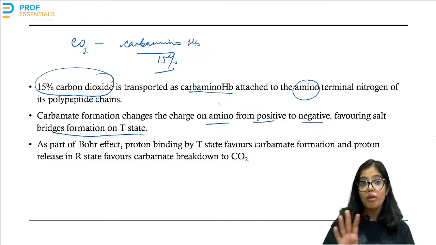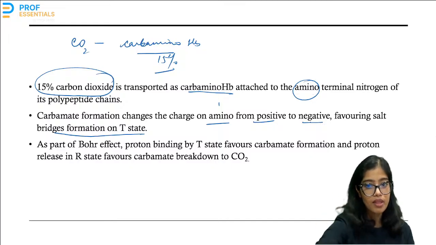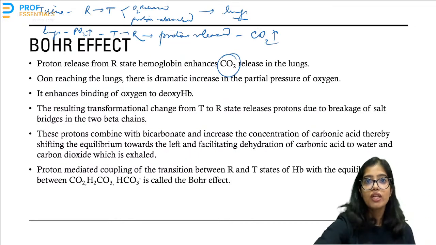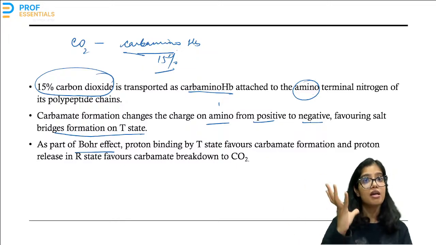Formation of the T state occurs at the tissue level. Therefore, this is going to enhance the Bohr effect. Formation of carbaminohemoglobin at the tissue level is going to enhance the uptake of carbon dioxide at the tissue level.